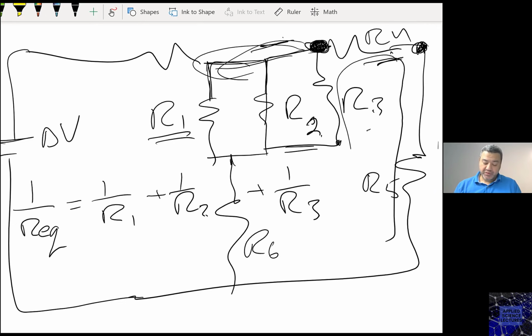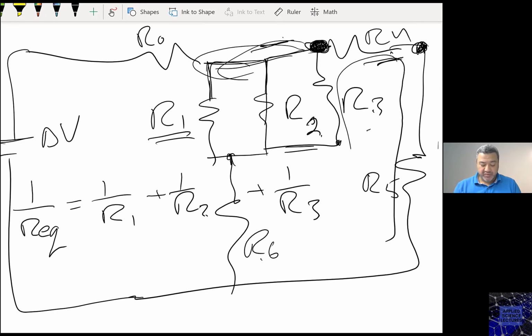What about R6 and R0? R6 and R0, they're neither in series nor in parallel. There is no clear definition for that, except they are part of the circuit.